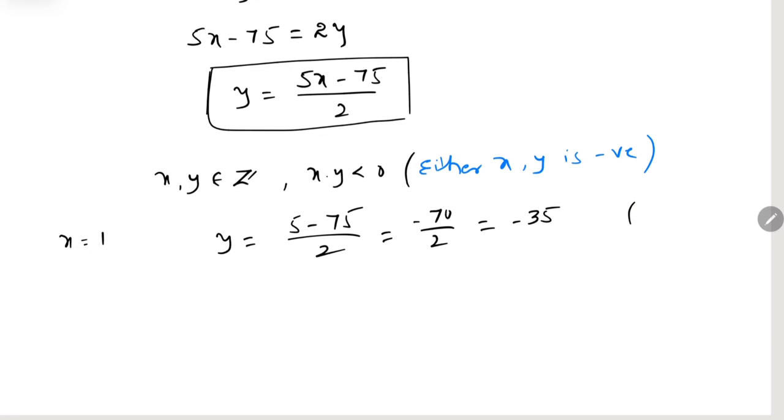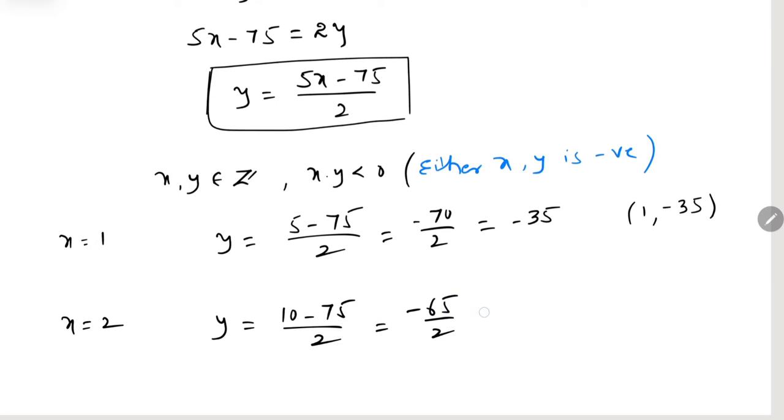Now the solution point will be (1, minus 35). Now if I take x value 2, y is equal to 5 times 2 is 10 minus 75 by 2, so minus 65 by 2. So it will become minus 32.5. But the y value is a decimal, it is not an integer, so it will not qualify.